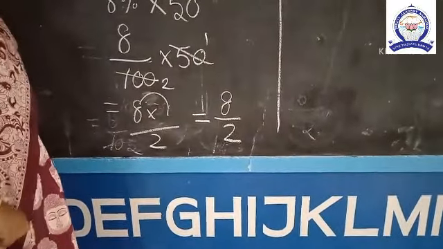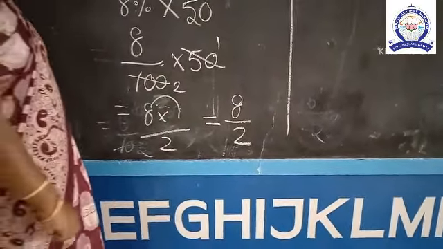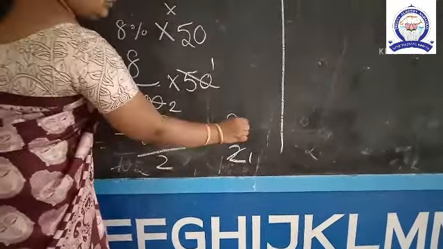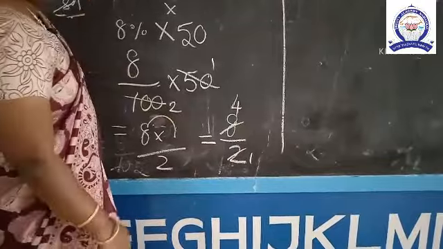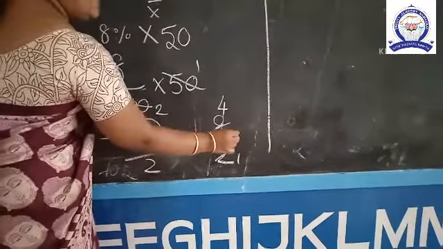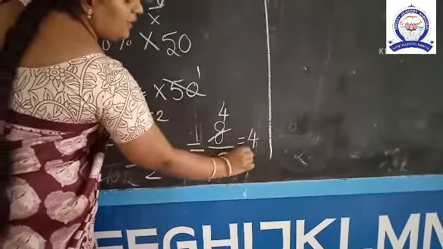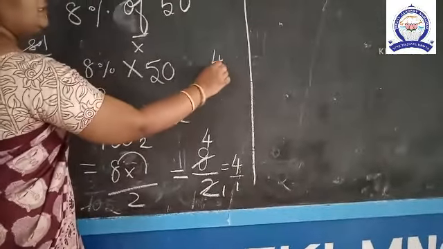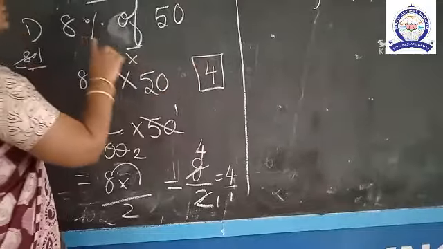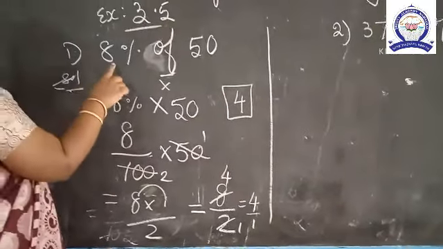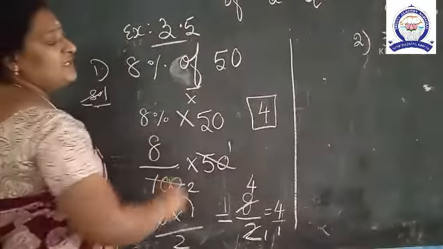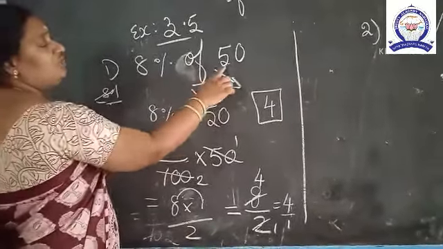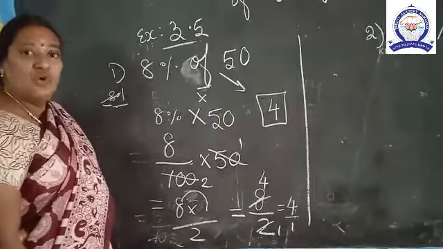Now using multiplication table of 2, 2 table cut பண்ண போறோம். 2 ones are 2, 2 fours are 8. That is equal to 4 by 1. So 4 by 1 can be written as 4. So the answer is, 8% of 50 means 4 is the answer.